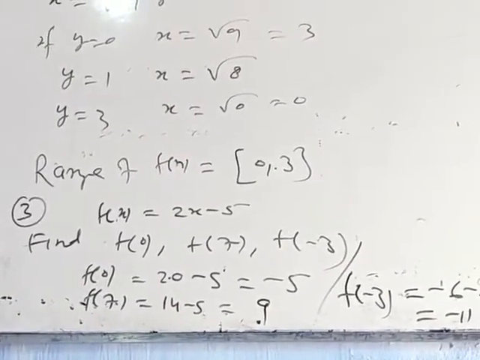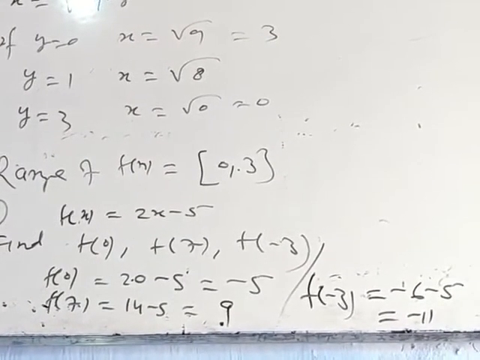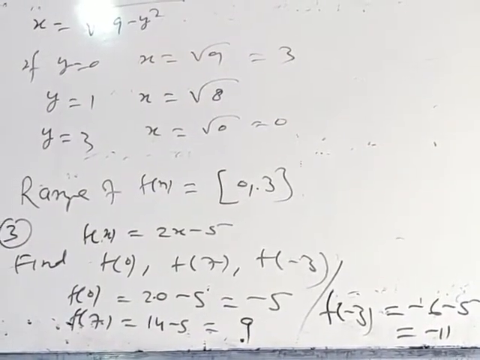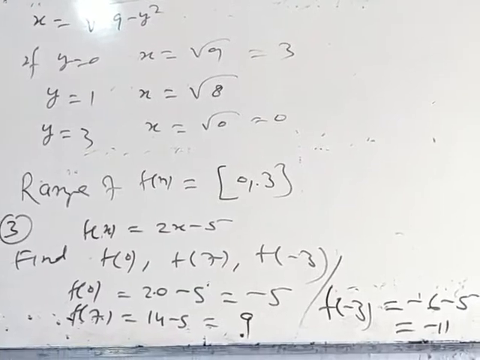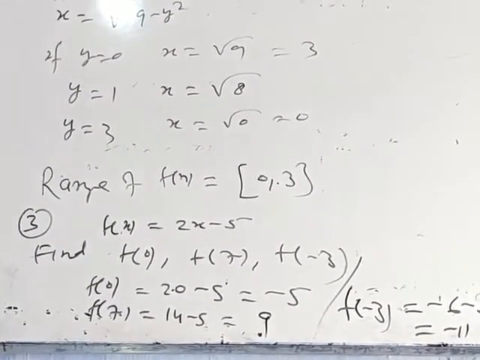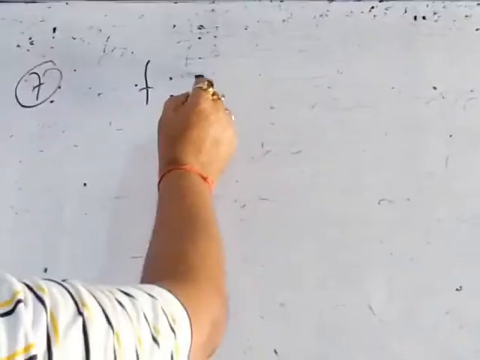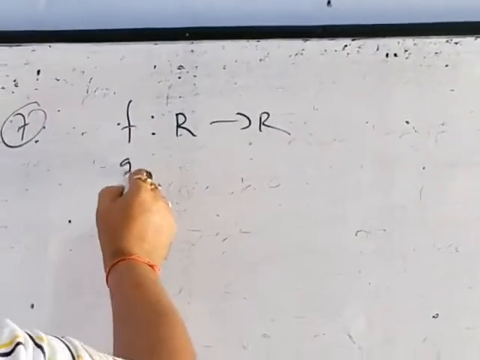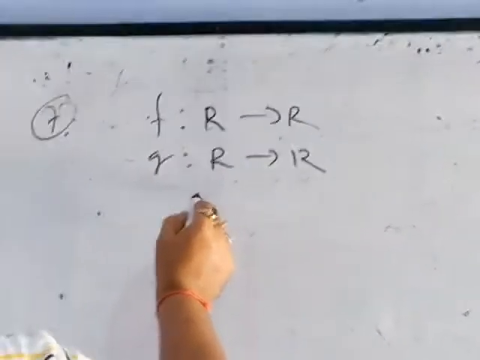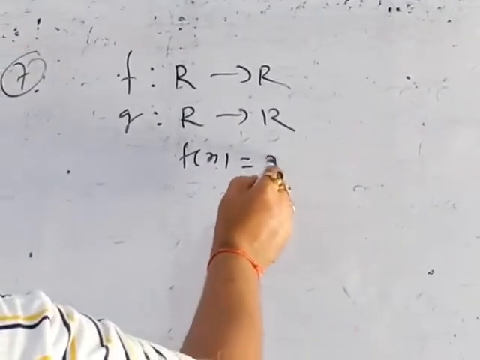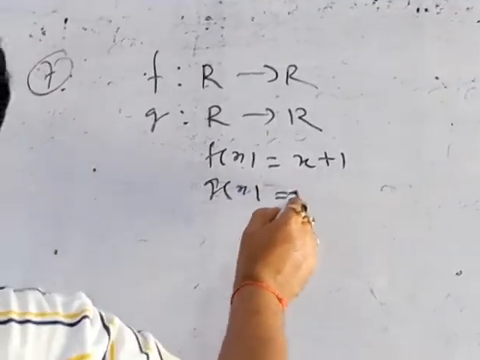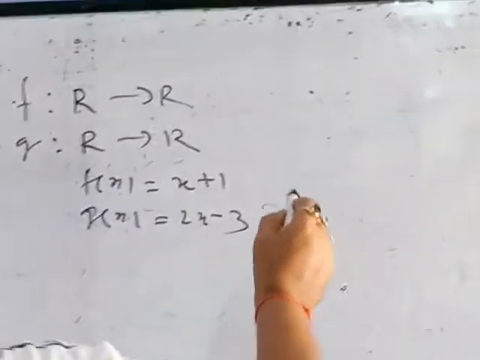Now a question related to the operation on functions, student. f is a function from real to real, g is a function from real to real, and f(x) is equal to x plus 1, g(x) is equal to 2x minus 3.